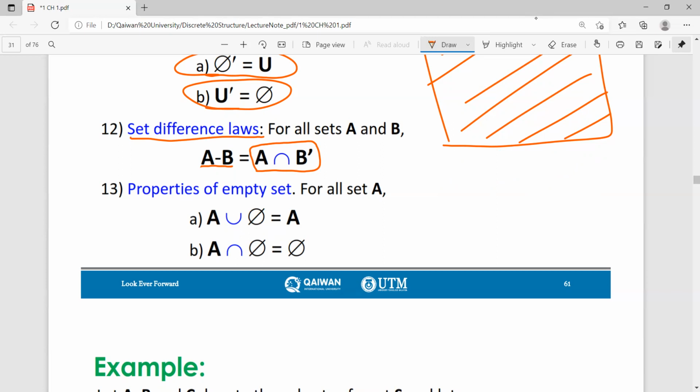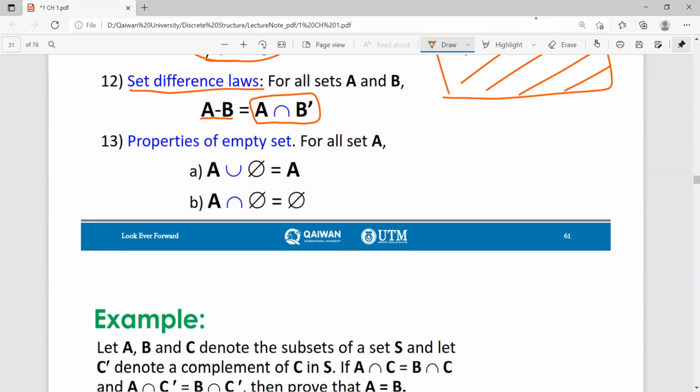So we have another property, which is A union an empty set, a property of the empty set. If you add an empty set to any set, it's the set itself, because before we said that the empty set is the identity with union.